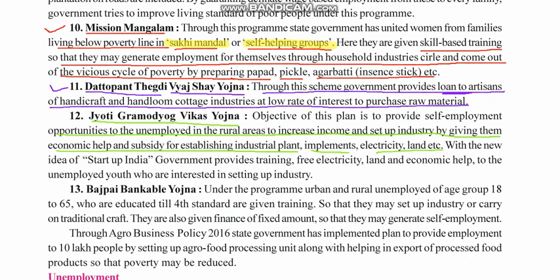It is done for the development of that particular village, and mainly in the field of electricity. With the new idea of Startup India, which is an initiative by the government, it provides training, free electricity, land and economic help to the unemployed youth who are interested in setting up industry.